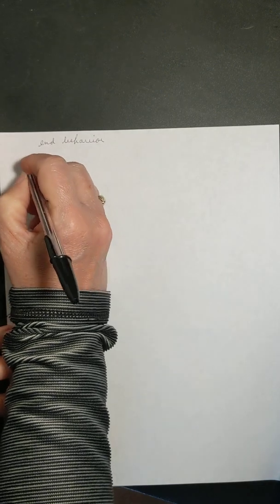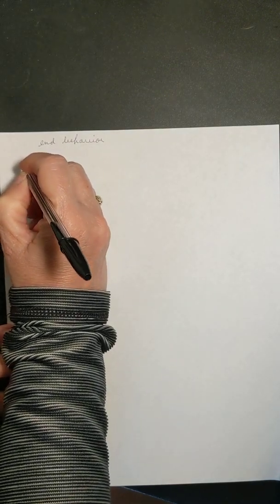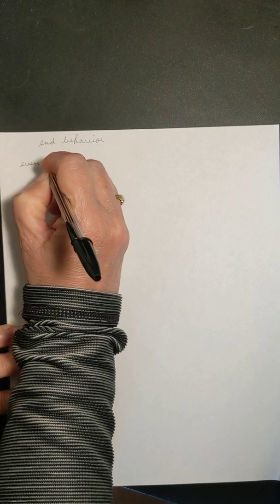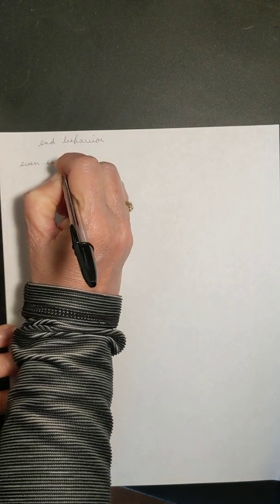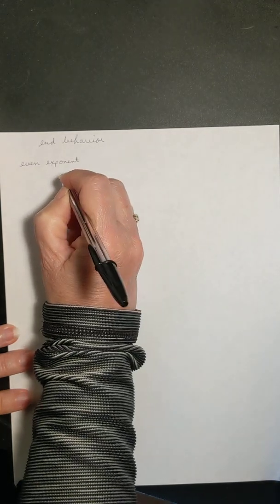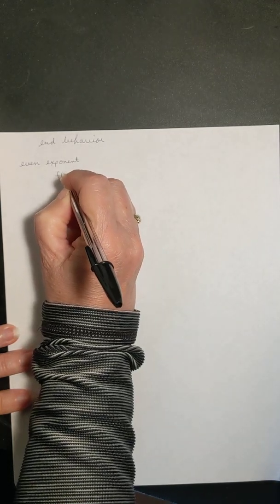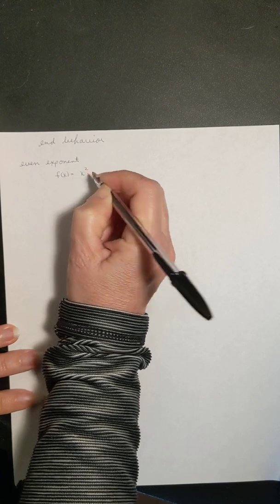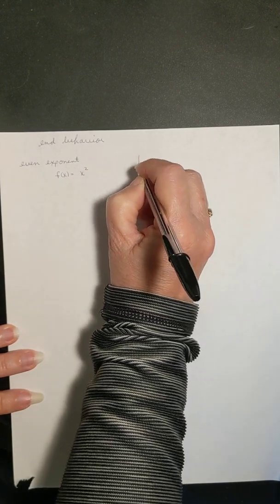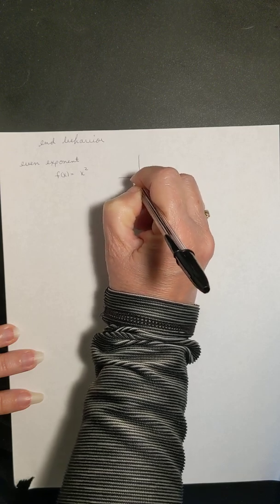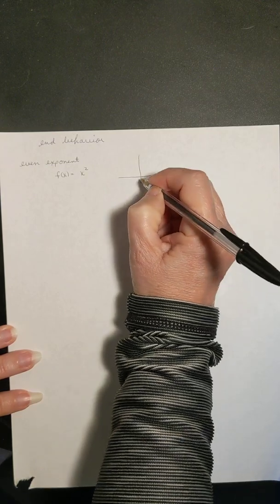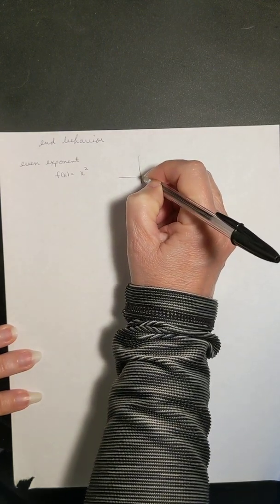All right, so if I have an even exponent, and we've looked at f of x is equal to x squared, but it's the same thing if you do f of x is equal to x to the fourth or x to the sixth or any of those.